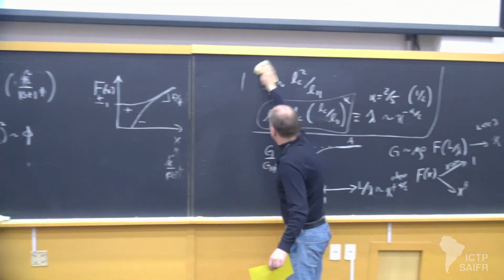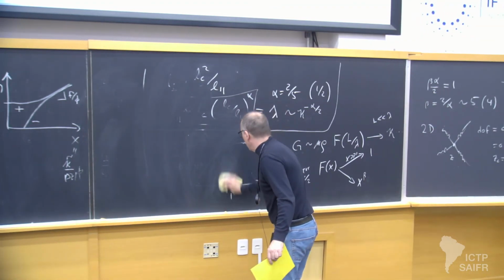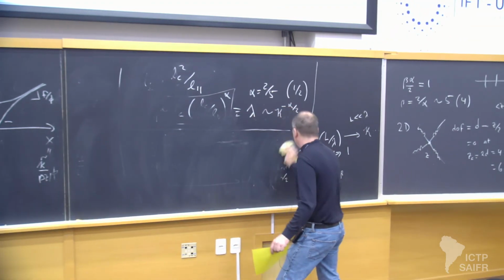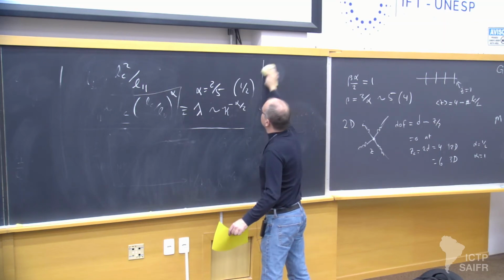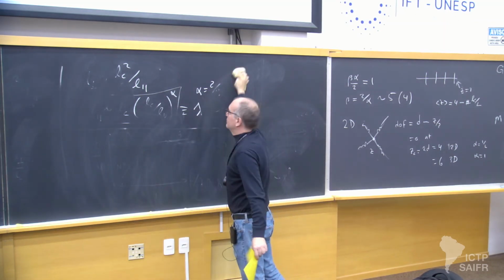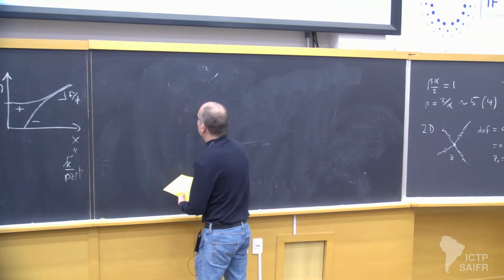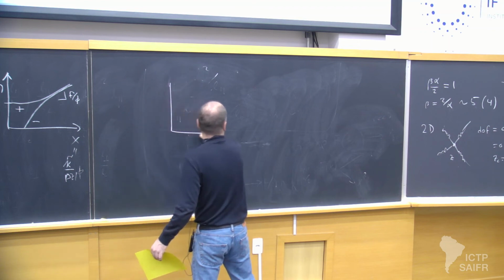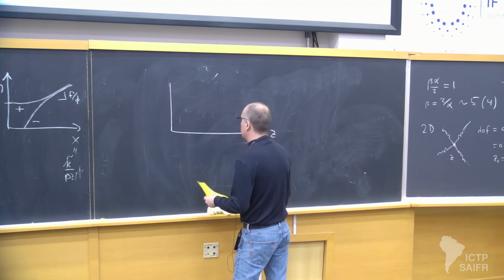Let me just draw a phase diagram, an overall phase diagram that sort of unifies essentially everything I've been talking about so far, and then continue next time. So the phase diagram is the following. Connectivity.